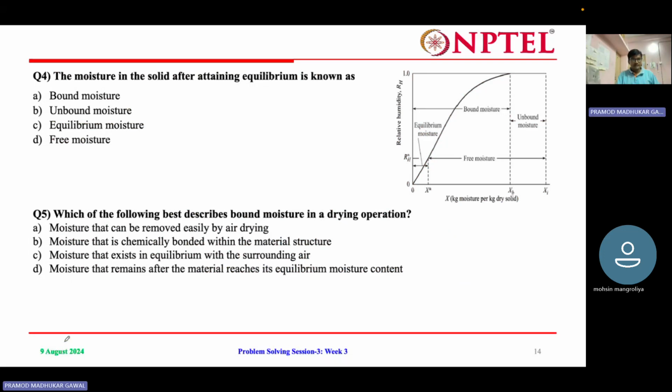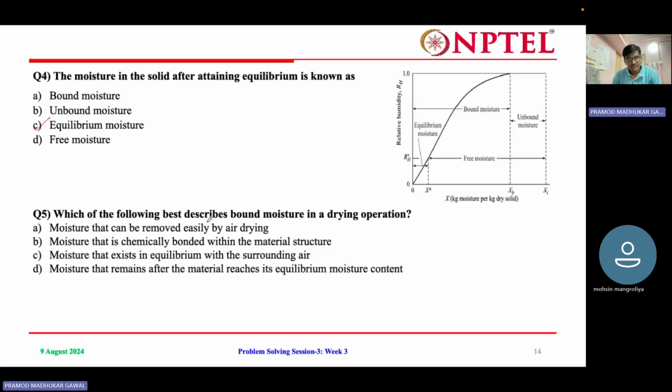No, just read the question. Read it carefully. The moisture in the solid after attaining the equilibrium is known as equilibrium moisture. Yeah, right. It's the equilibrium moisture.